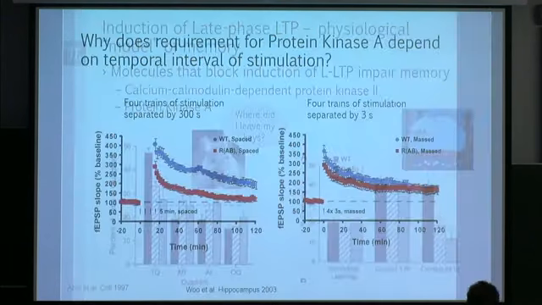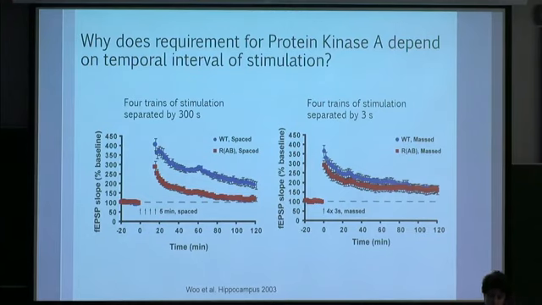Okay, so one of the first questions I started addressing was why does the requirement for protein kinase A in the synaptic plasticity depend on the temporal interval of stimulation? So what do I mean by that? Well, here, the blue is the wild type response. If we give 4 100 hertz trains, shown by these arrows, 5 minutes apart, I get this long-lasting LTP.